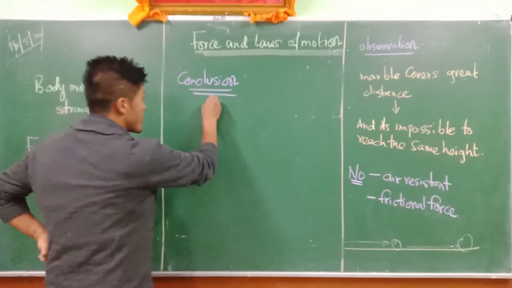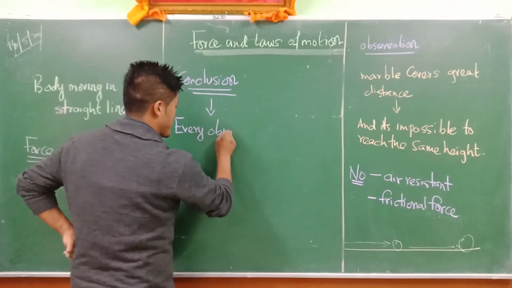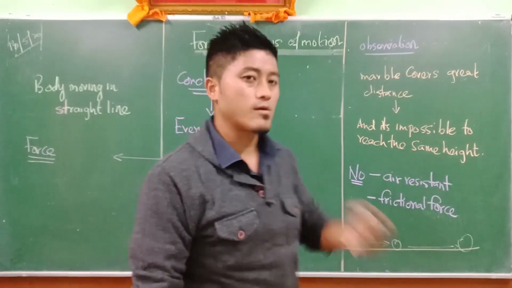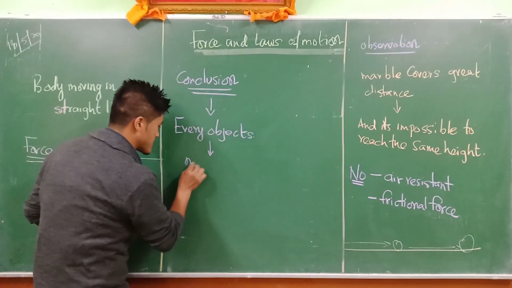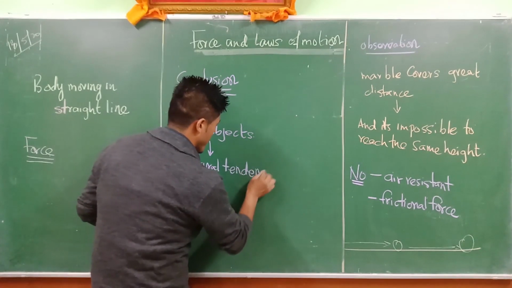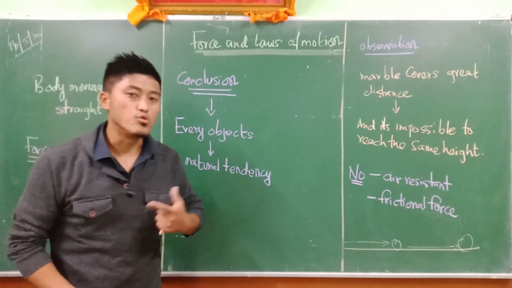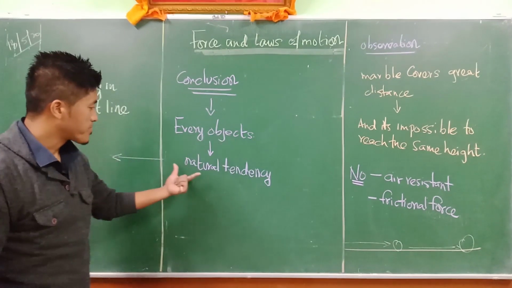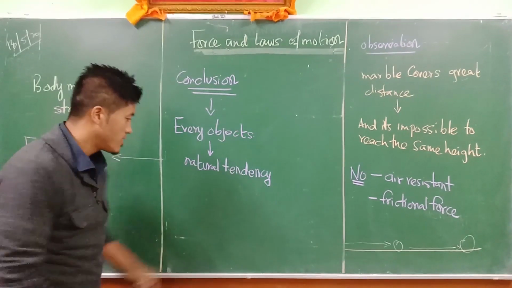Galileo's conclusion was that every object, that could be a table, a ball, anything available on this earth, has its own natural tendency. Tendency means ability.